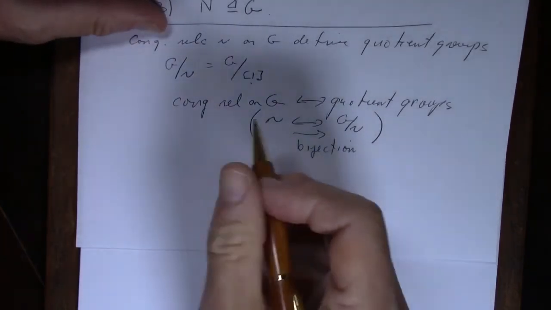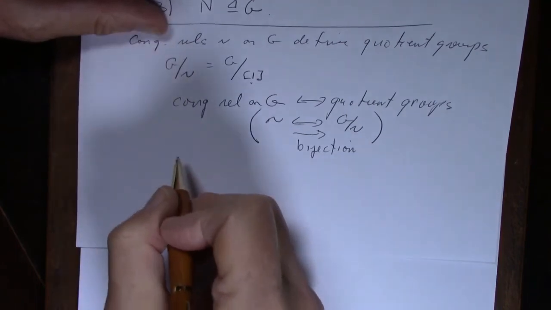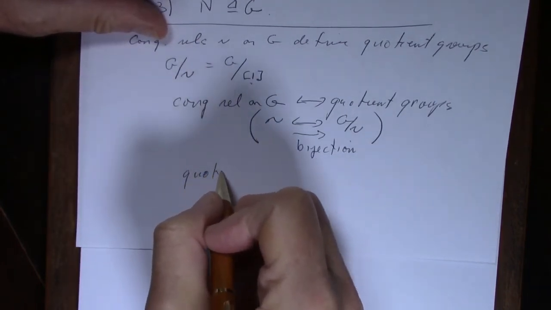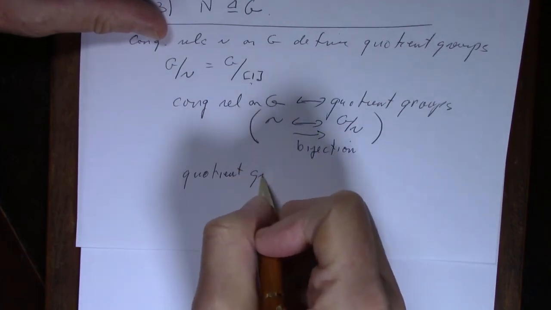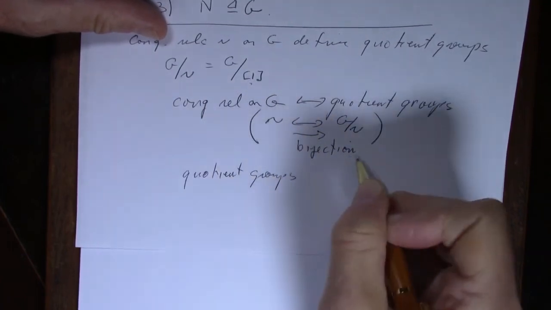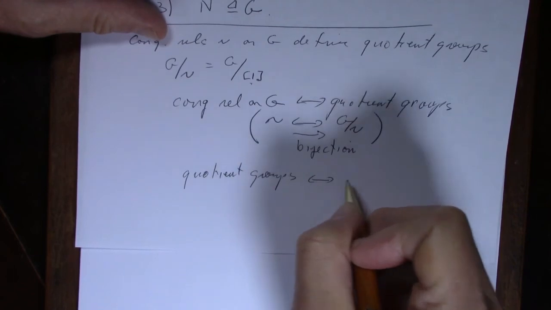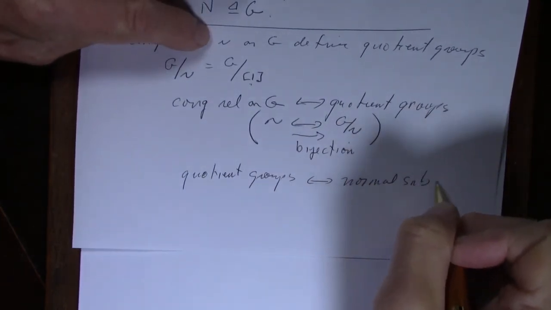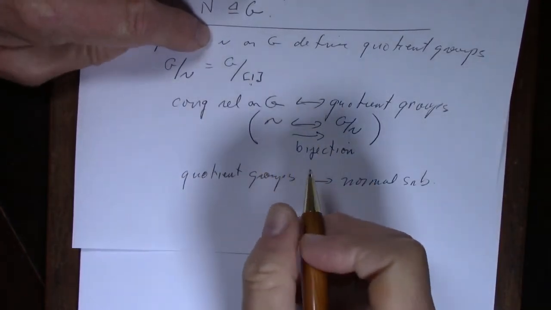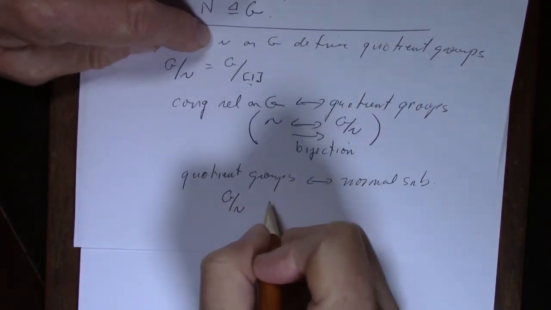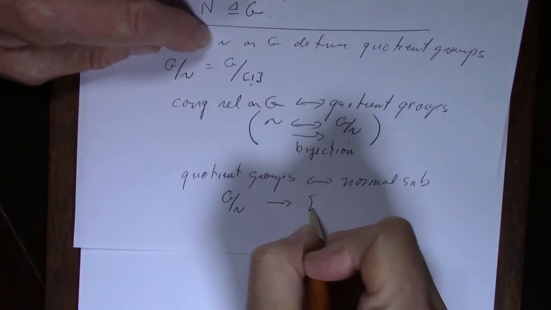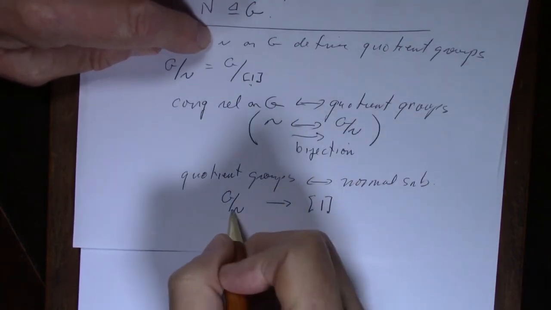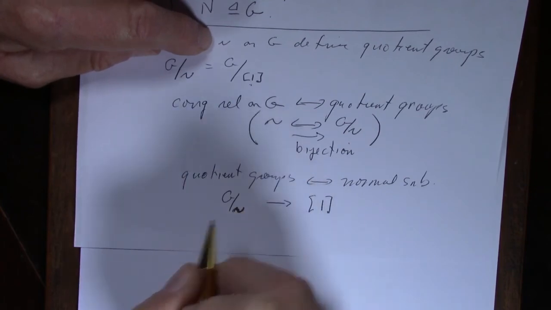But we also have a relationship between quotient groups and normal subgroups. The quotient group is related to the congruence relation.